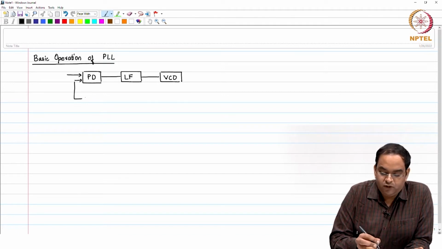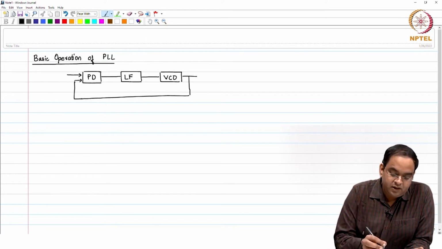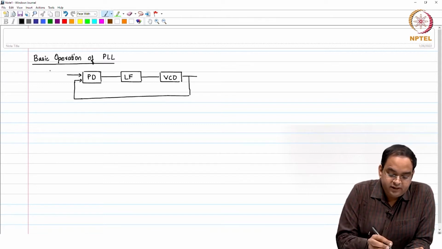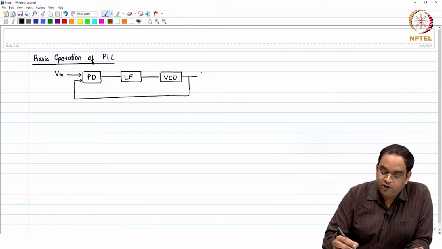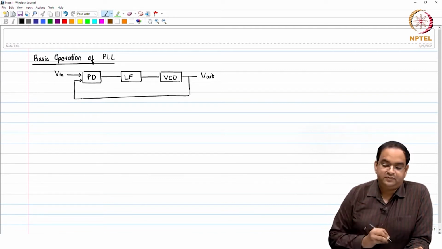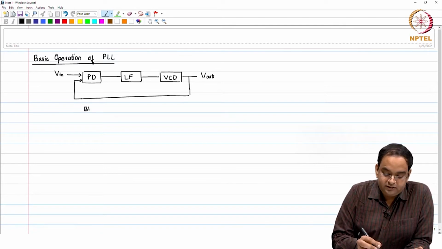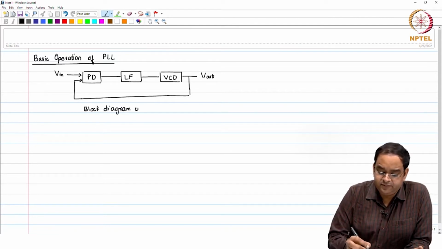The output of the voltage controlled oscillator comes back as feedback to the phase detector. Here the input signal is V in, which feeds to PD, and the output of the PLL is V out. So, this whole is a block diagram of a PLL, in general.